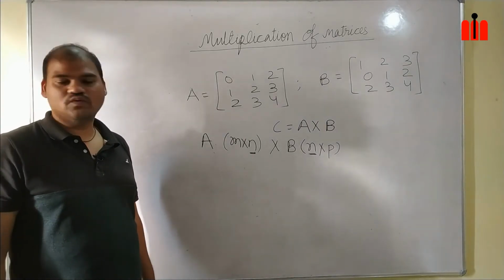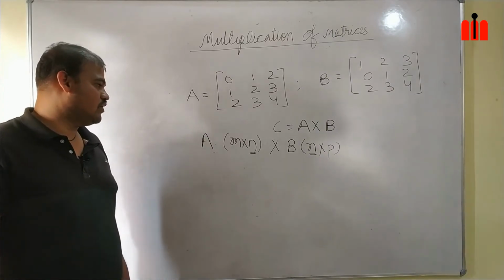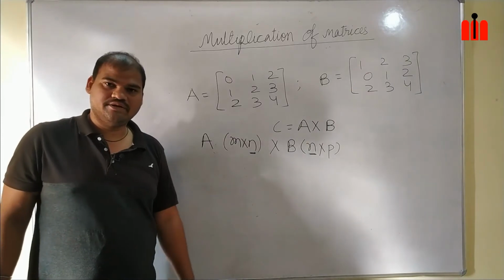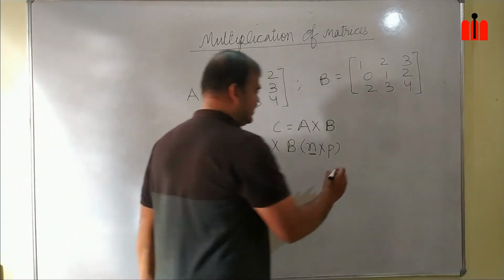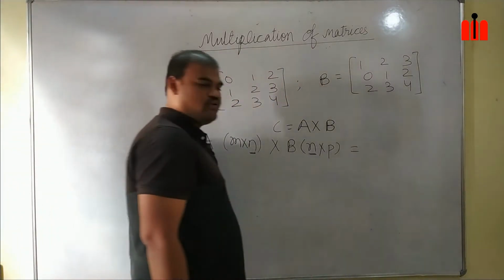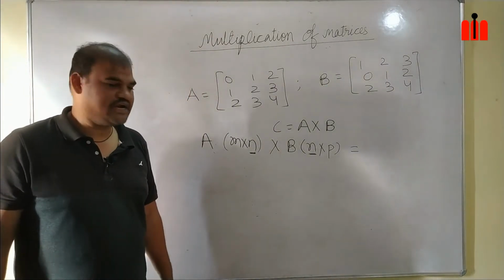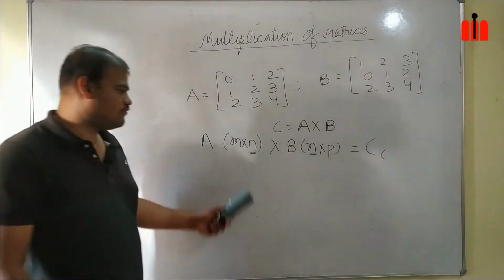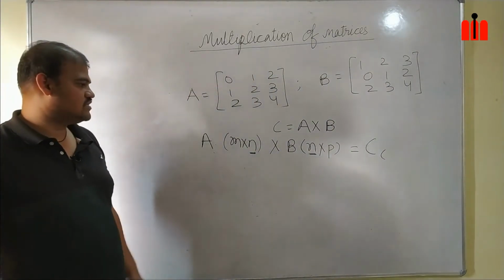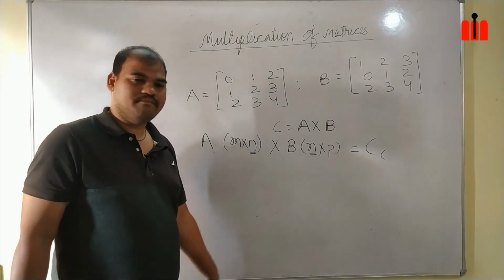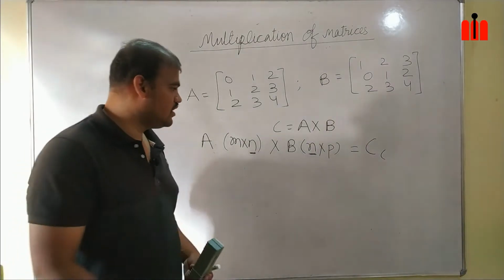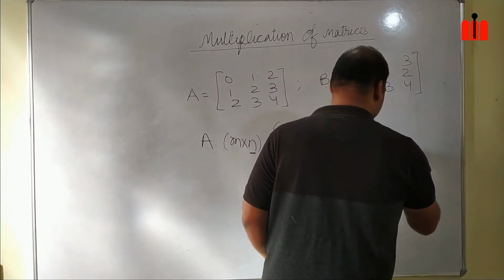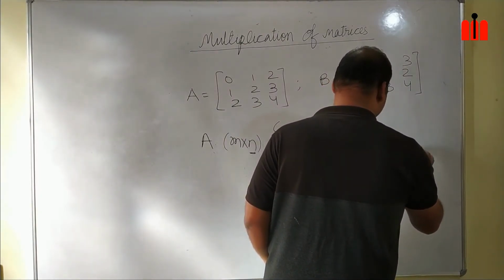We can't do multiplication. Now, after this multiplication, there will be a resultant matrix, which is C. What will be the order of C? M cross N multiplied by N cross P, so the order of C will be M cross P.